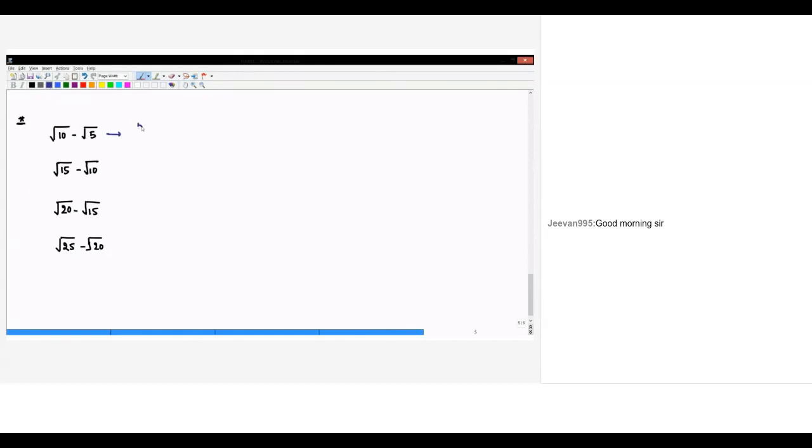If I rationalize it, I'll get 5 in the numerator, because rationalize the numerator, multiply it with root 10 plus root 5. Therefore, you'll get 10 minus 5 in the numerator, and in the denominator, you'll be getting root 10 plus root 5, because you are multiplying and dividing it with root 10 plus root 5. Second, same 5 you'll be getting in the numerator. In the denominator, you'll be getting root 15 plus root 10.